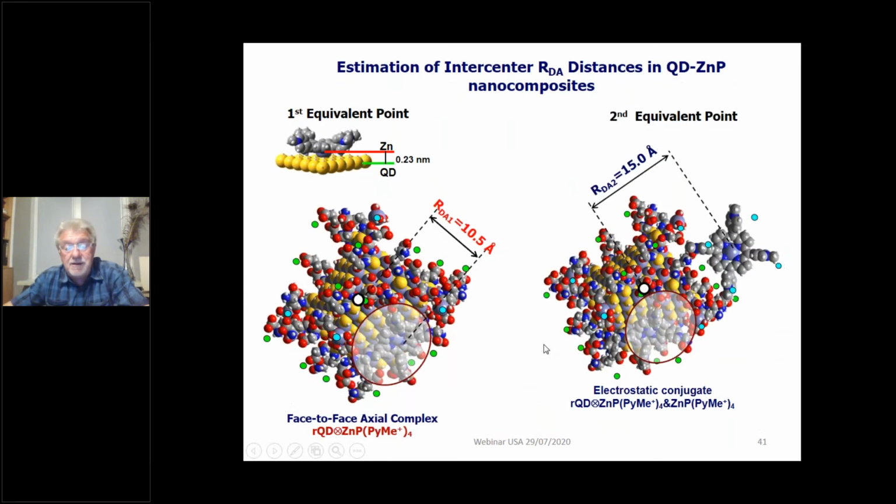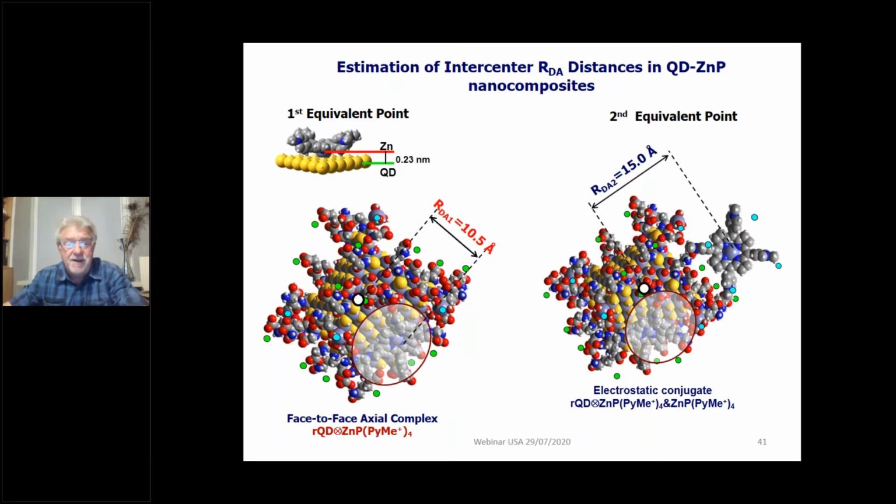After receiving all this specific information, how this complex is formed, and knowing the details of what interacting species are formed, we have the possibility to estimate all necessary distances between interacting moieties in order to explain the reason for the quenching in our case.